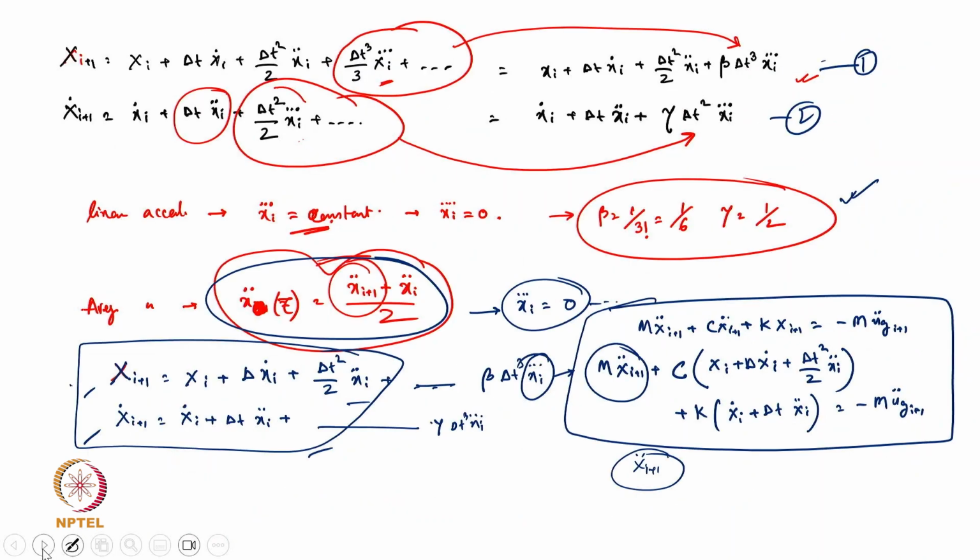So, what is the problem? Once you substitute that full thing, you can solve for x_{i+1} double dot. But with x_{i+1} double dot, what will you do? You cannot calculate the other two states at the (i+1)th step. What are the other two states? That is x_{i+1} and x dot_{i+1}.